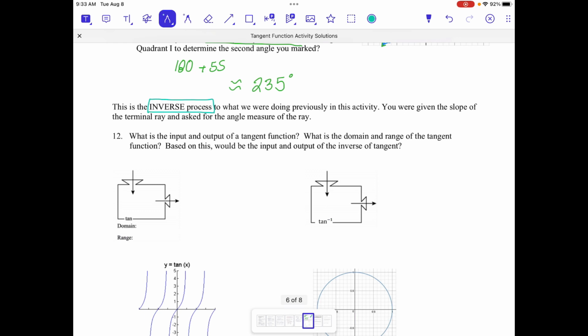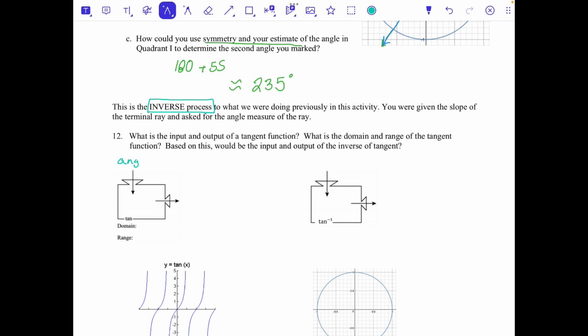So let's do a little bit of a refresher from earlier in this exploration. If you remember, we were introduced to the tangent function, and in the tangent function, we inputted an angle measure, and the output was the slope of the terminal ray. And so when we deal with inverse functions, our input and output quantities exchange.